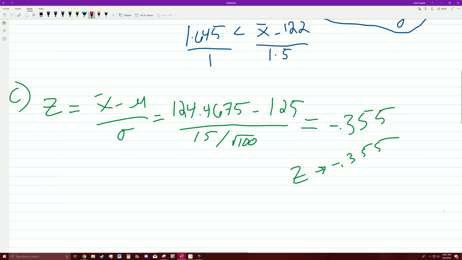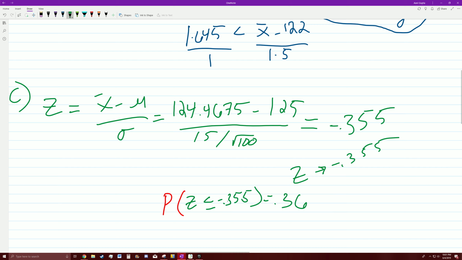So we got our z to be negative 0.355, and we found that the probability that Z was less than or equal to negative 0.355 is equal to 0.36.